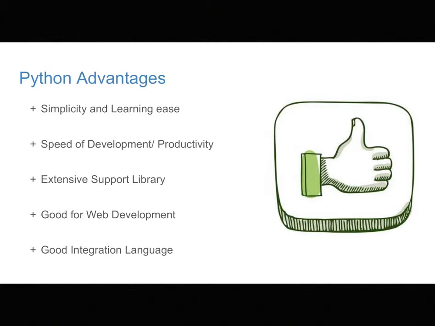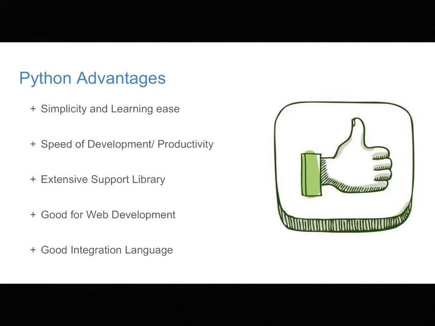Its advantages are that due to the emphasis on simplicity and readability, Python is a very simple language and also very easy to learn. This makes the speed of development and productivity much higher, as Python is not as complex as other programming languages. Also, Python has an extensive support library, as we already mentioned.